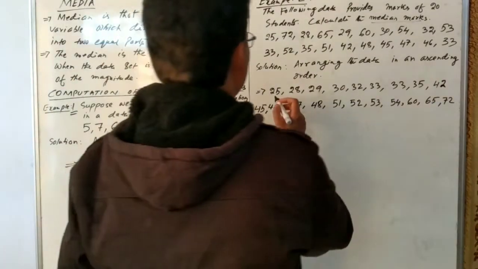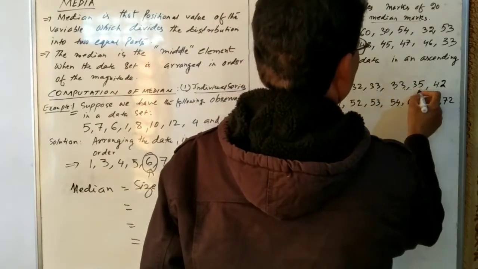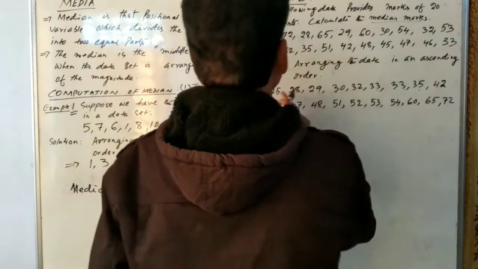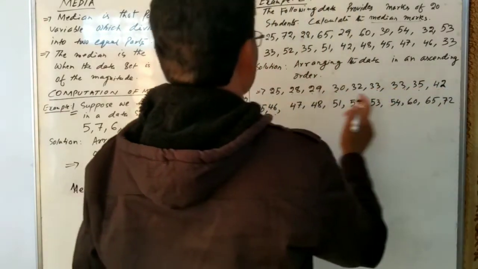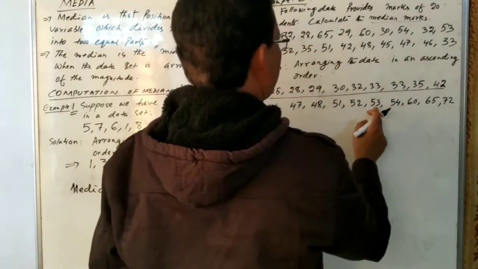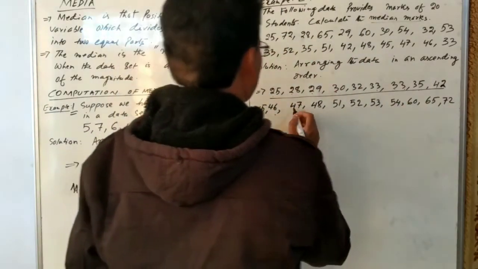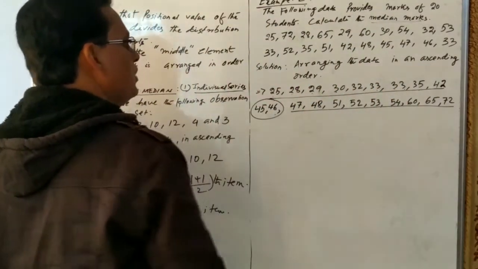Let us see here. 1, 2, 3, 4, 5, 6, 7, 8, 9, 10. Here 9 values, it means the middle ones are these two values.